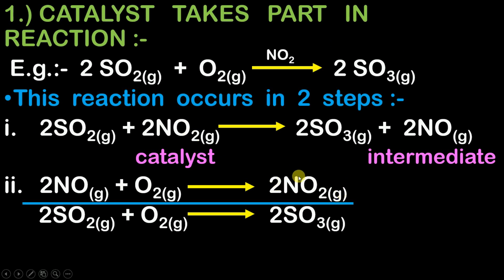Okay, so in the second step we get our catalyst back. So guys, can I say, in the first step the catalyst gets consumed, and in the second step we get our catalyst back as it is. So here if you observe, yes, the catalyst does take part in the reaction in the first step itself.